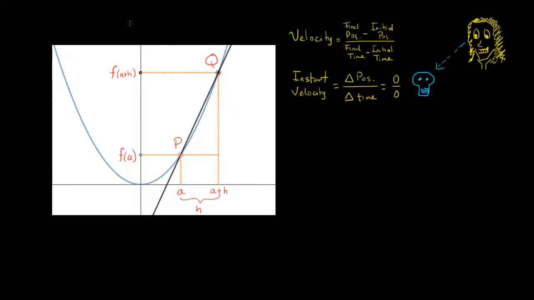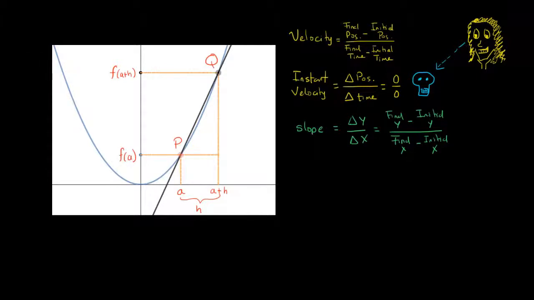Now, we know that the slope of a line is the difference in y over the difference in x. In other words, it will be final y minus initial y over the final x minus the initial x.